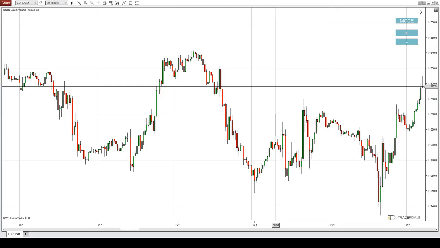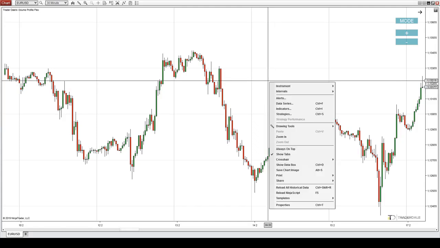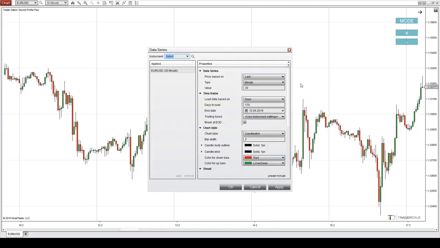So I'll now switch to the volume bars and show you how the volume accumulation setup works with those kinds of bars, all right? What you do is right-click the chart and go to Data Series, and instead of minute, you go to volume, and in here you need to set the value of the volumes. So in this case, after 1000 lots, a new candle would form.